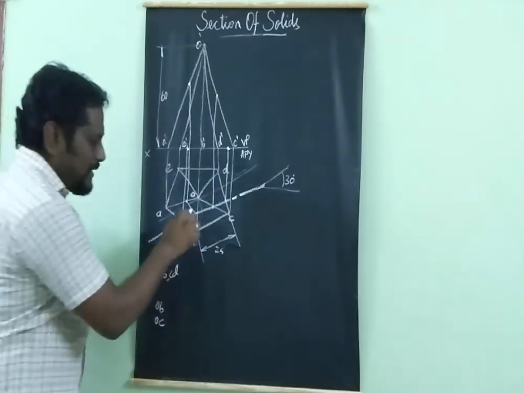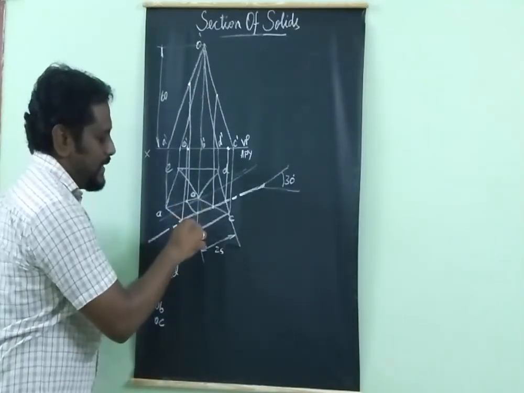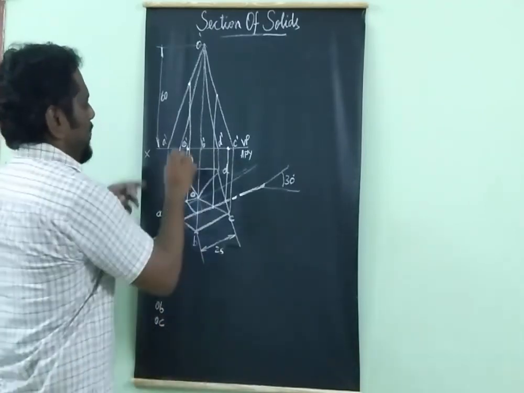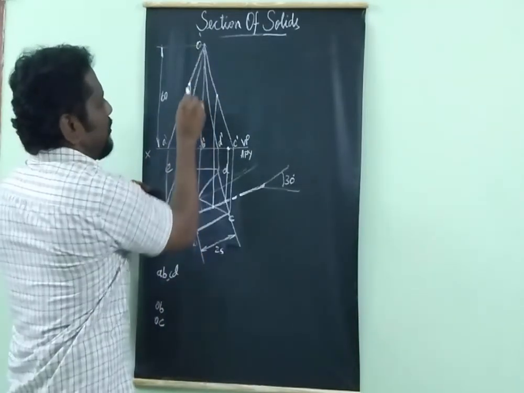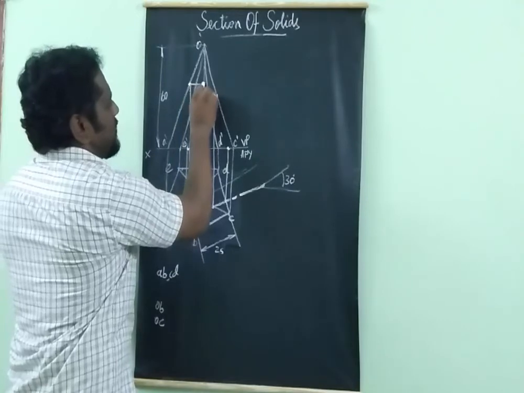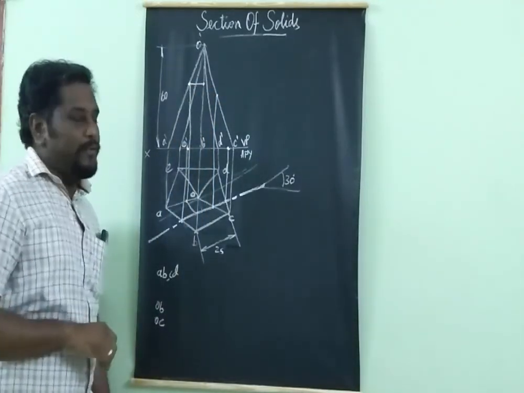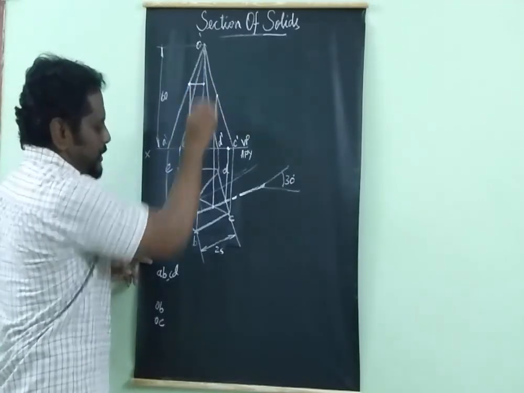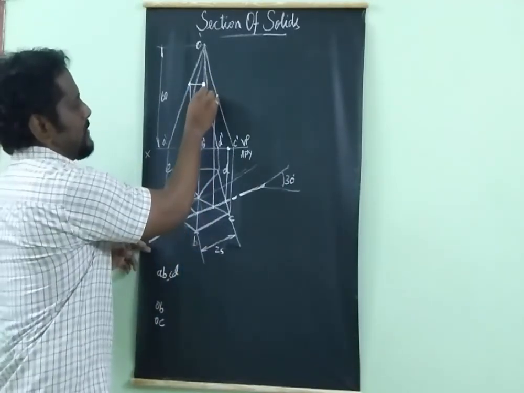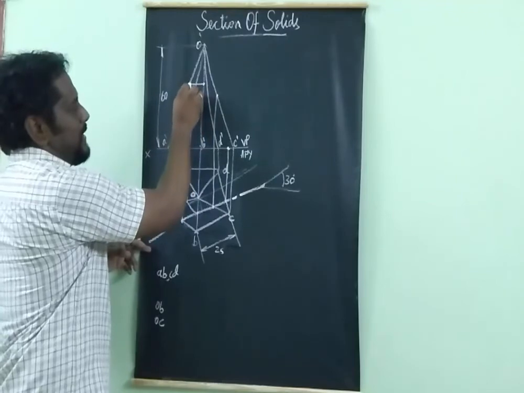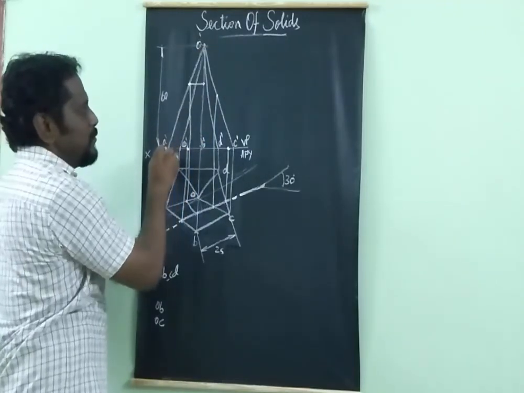Now the actual point is in the line OB. So the OB line is here. What you have to do, from here you have to draw the horizontal line. Now go to the third problem. To transfer this point to here, you draw a horizontal line from here to the extreme edge, and this extreme edge is OA.